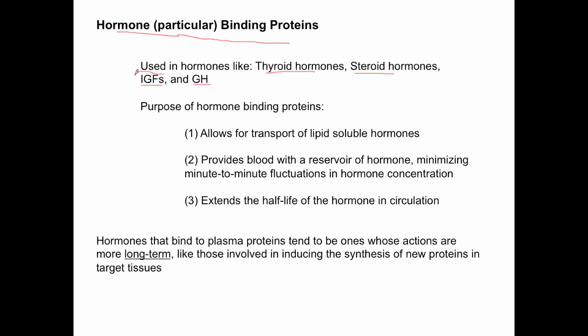These guys are actually water-soluble. But all of these hormones have particular binding proteins. So there's a thyroid binding protein, there are very specific steroid binding proteins, growth hormone binding proteins, IGF binding proteins. And that relationship between the particular binding proteins and the hormone is a high affinity bond. Okay? Or at least definitely higher than albumin.